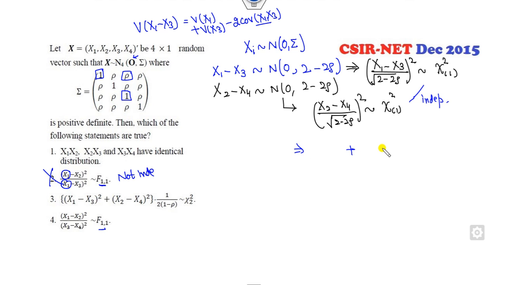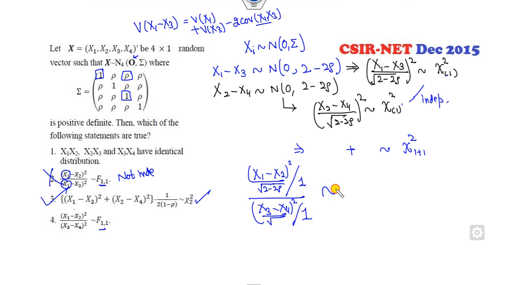So the sum of them will also follow the chi-square with the degree of freedom 1 plus 1. And you can see if I open this bracket, it's a chi-square of 2 distribution. Now the ratio. When will it be the F ratio? If I divide this chi-square by its degree of freedom, divided by x3 minus x4 chi-square divided by its degree of freedom, it will follow the F distribution 1 comma 1.